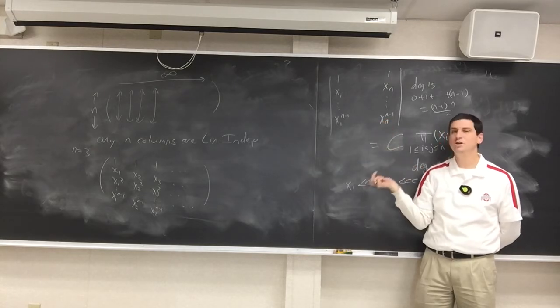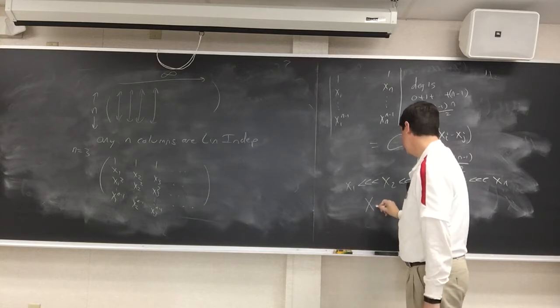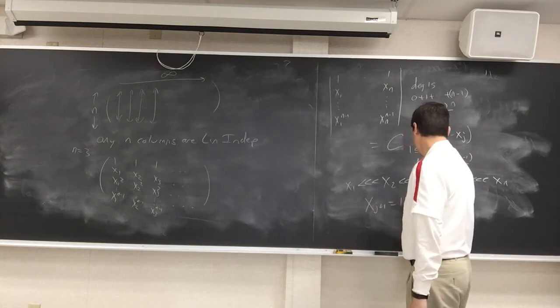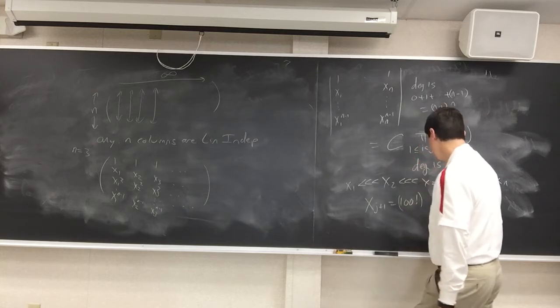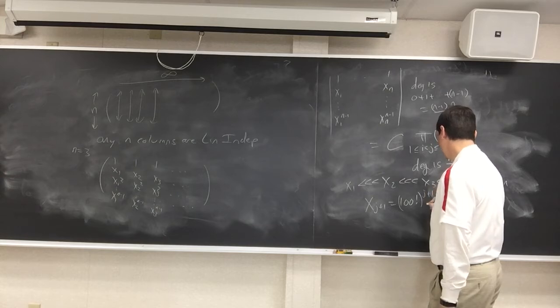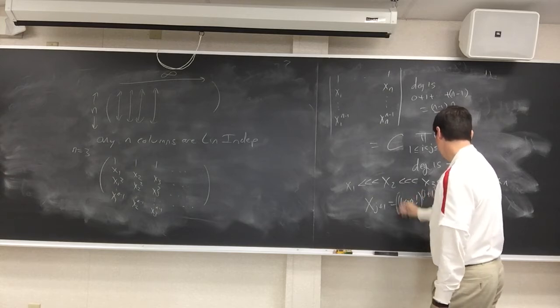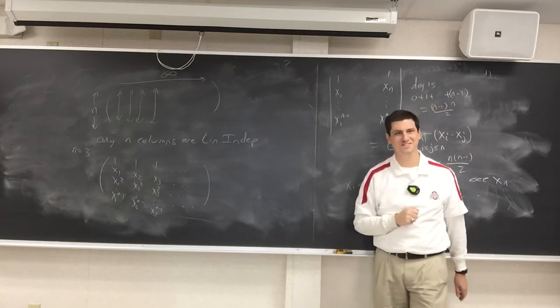So as an exercise, make this explicit. I think if you do something like xj plus 1 is 100 factorial to the j plus 1 factorial, do some absurd things like this.